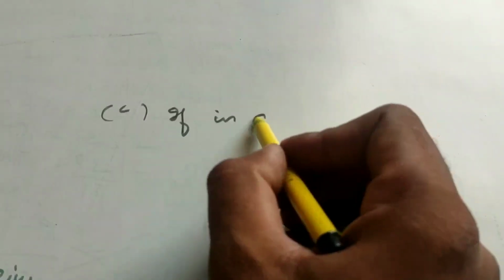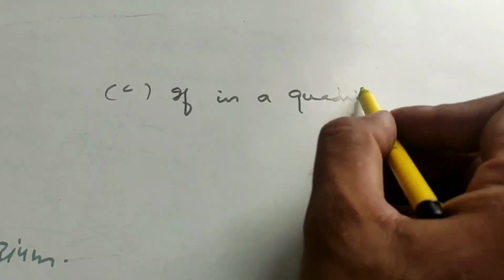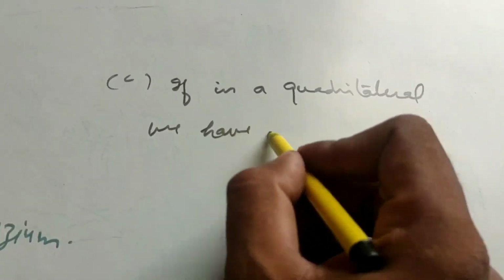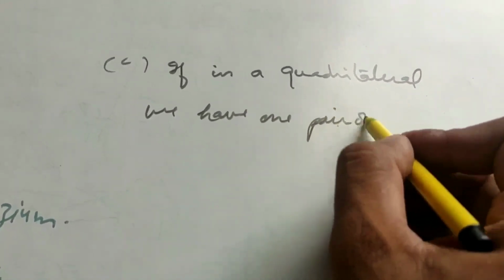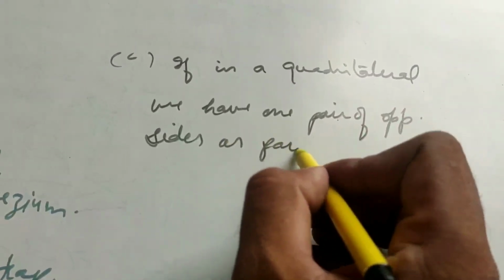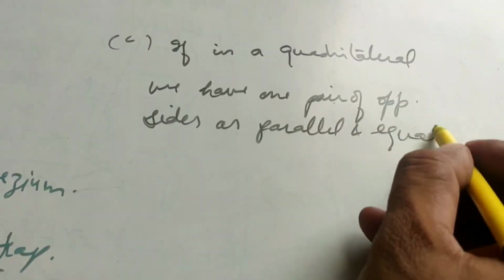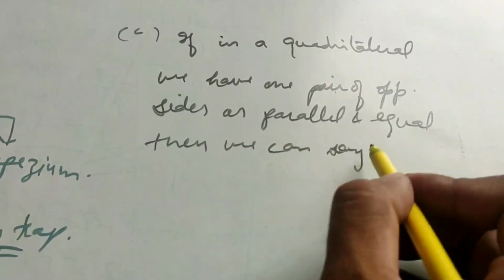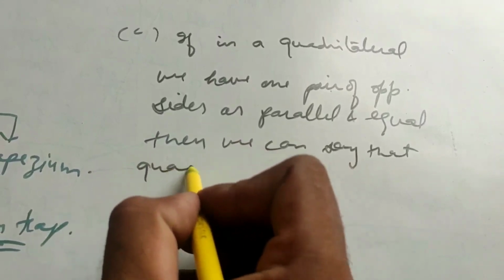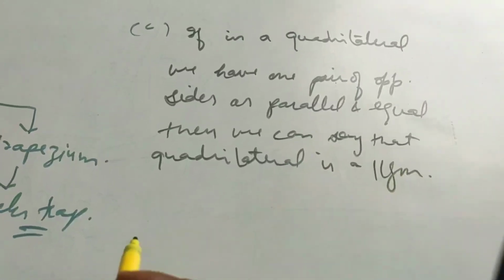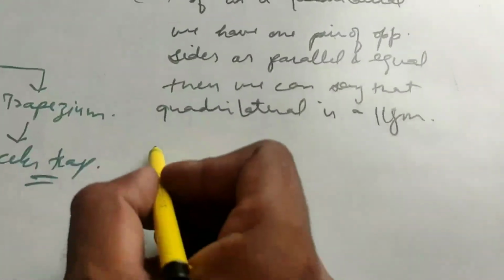There is a sufficient condition: if in a quadrilateral we find one pair of opposite sides as parallel and equal, then we can say that the quadrilateral is a parallelogram.